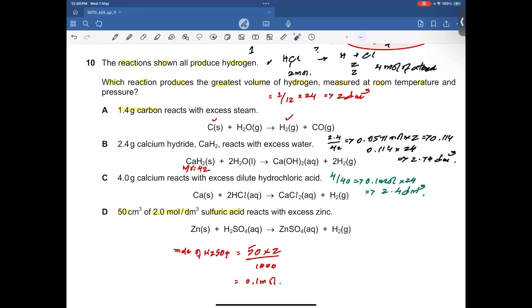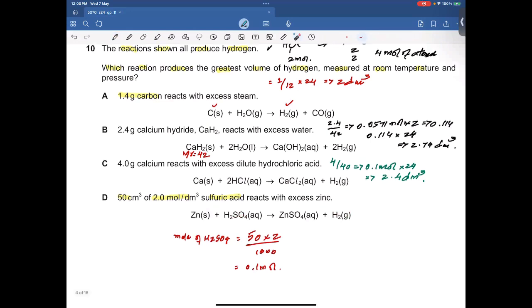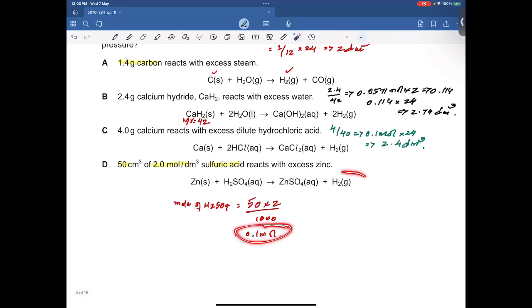And obviously sulfuric acid and hydrogen have 1:1 ratio. तो जो मोल्स आपने सल्फ्यूरिक एसिड के कैलकुलेट किए वही हाइड्रोजन के भी होंगे. सो अगर मुझे हाइड्रोजन का वॉल्यूम कैलकुलेट करना है तो ये हो जाएगा 24 से, so it's going to be 2.4 dm cube.